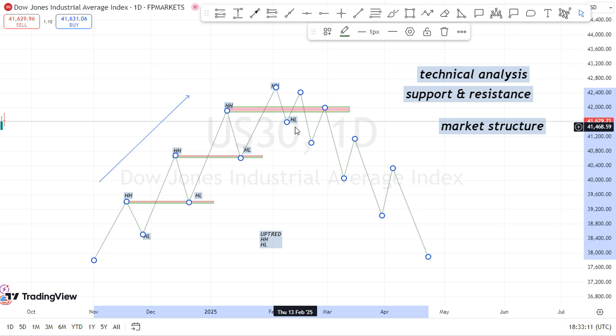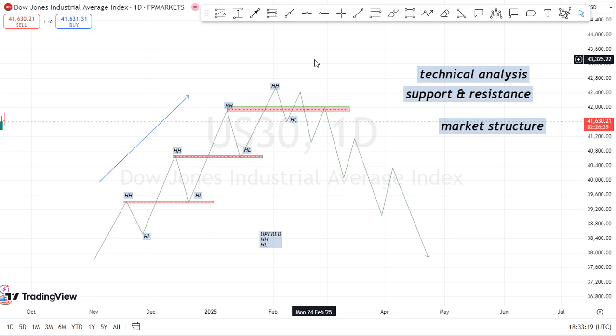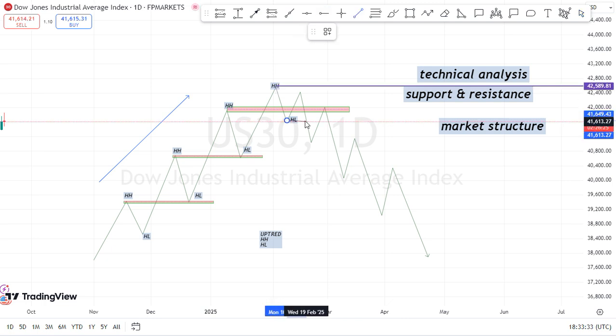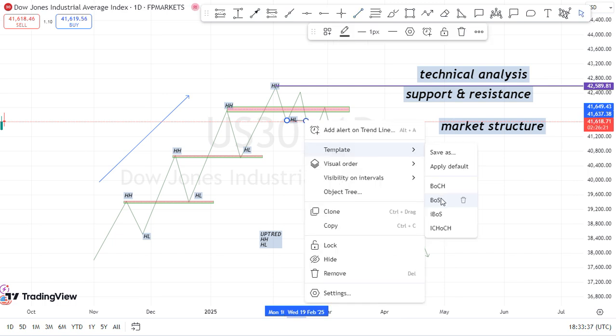We failed to break there, but instead what did we do? We came here to break structure. We broke structure of the previous lower low.